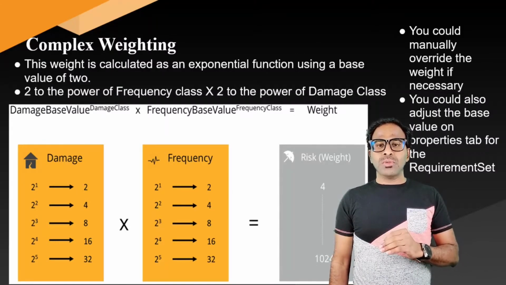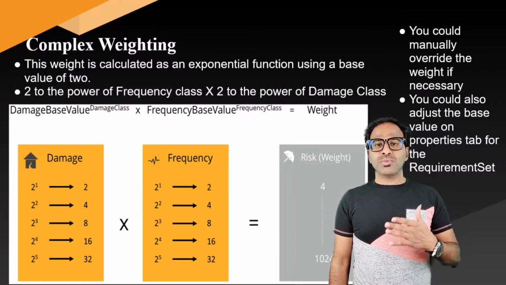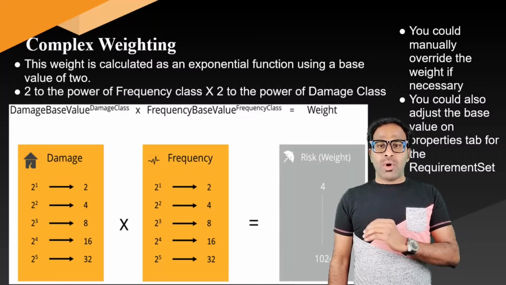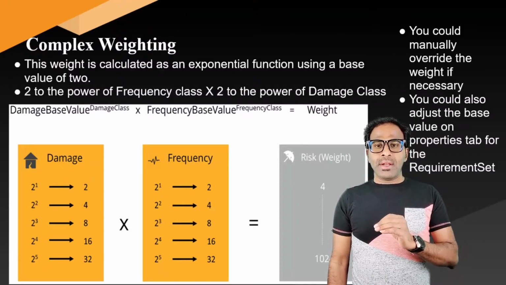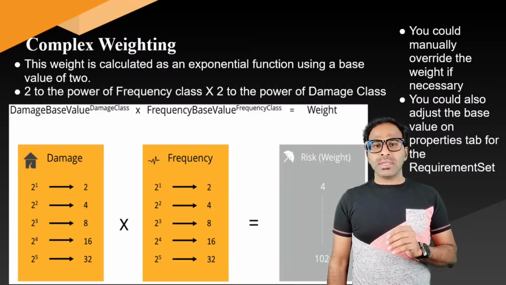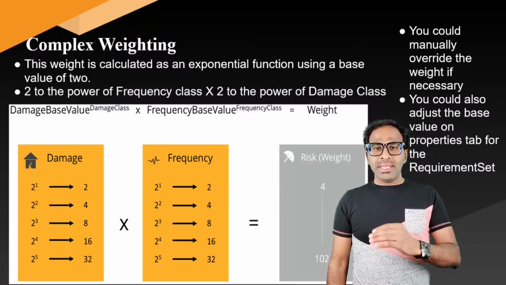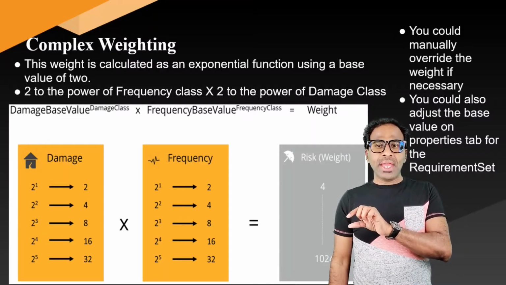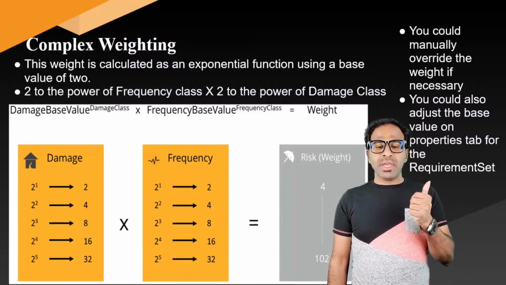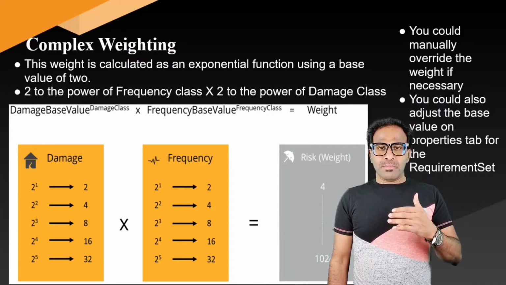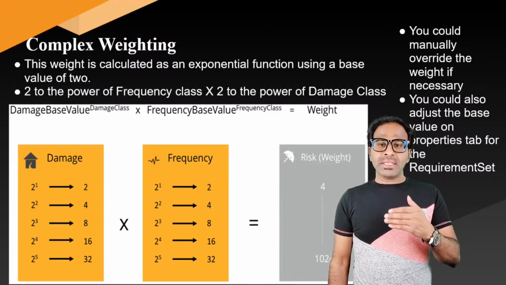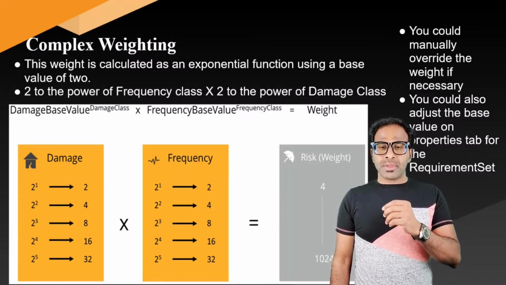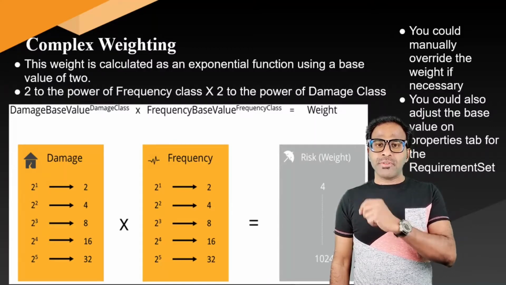In Tosca Tool, let's assume you have prepared a requirement structure with 10 sub requirements. If you provide the values of frequency class and damage class for all these 10 requirements, Tosca automatically calculates the complex weight by using the formula displayed on the screen: damage base value to the power of damage class, and in the same way, frequency base value to the power of frequency class.